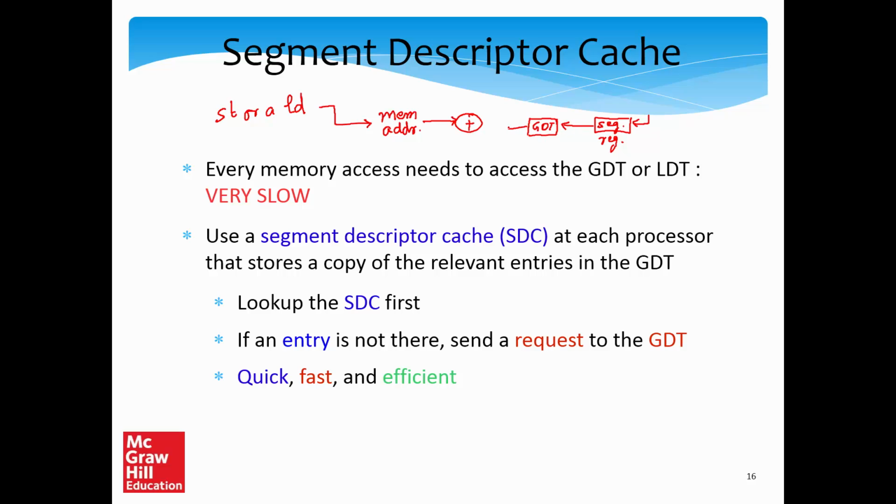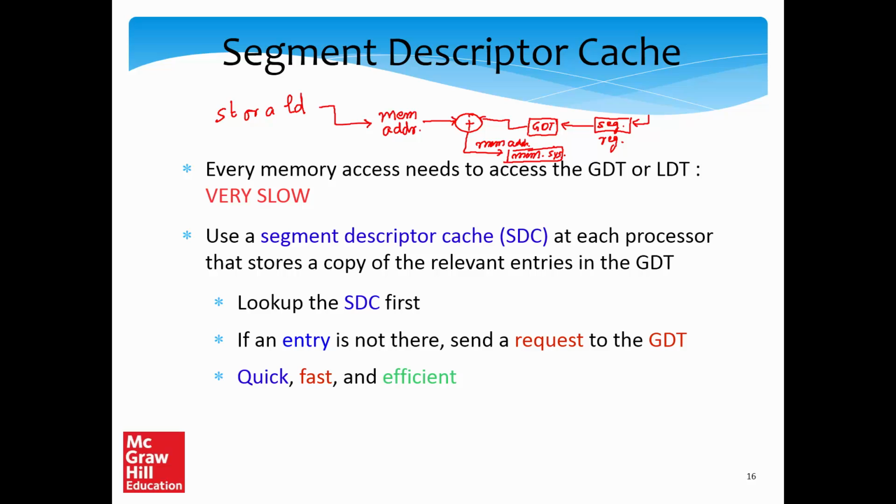We need to read that entry, add it to the memory address, compute the new memory address, and send it to the memory system. So I'm just writing memsys over here.